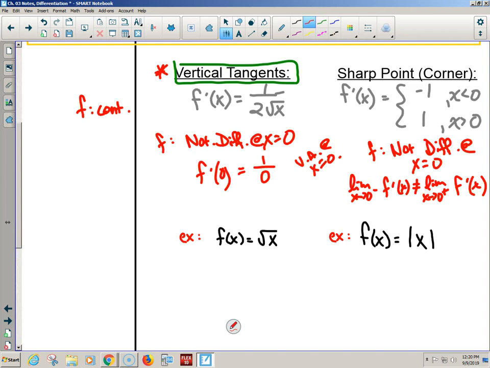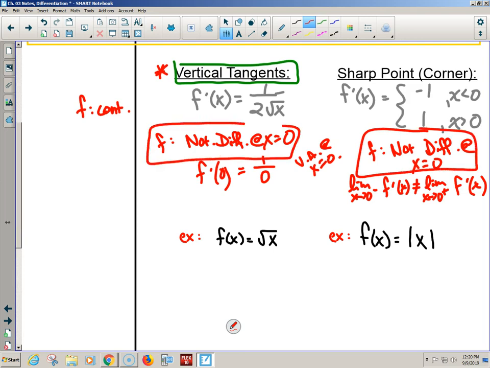From below 0, all the slopes are -1. From above 0, all the slopes are 1. So that doesn't work, not differentiable. So these non-differentiabilities are different from each other in that they're arrived at two very different ways. With vertical tangent lines, I have infinite slopes, infinite derivatives. Whereas with sharp points, I have disagreeing slopes. Now hold on, who could have been the original functions in this one?